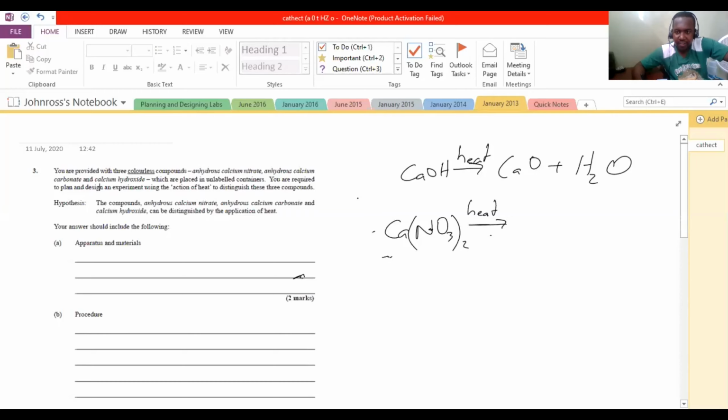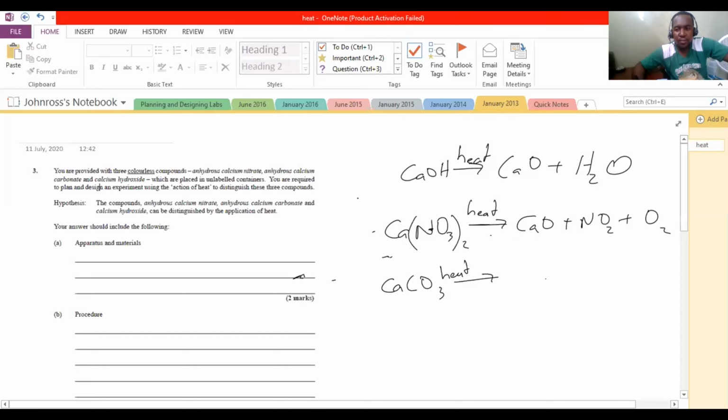Great. So we get calcium oxide, nitrogen dioxide, and oxygen gas. Right, and the last one is the anhydrous calcium carbonate. So we heat this. What do you think we get? Carbon dioxide and calcium oxide. All right.